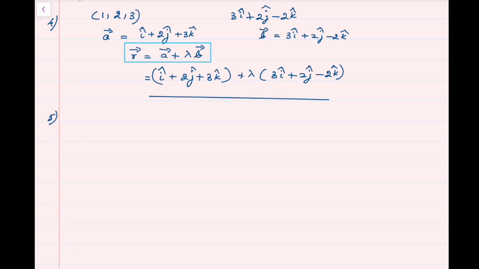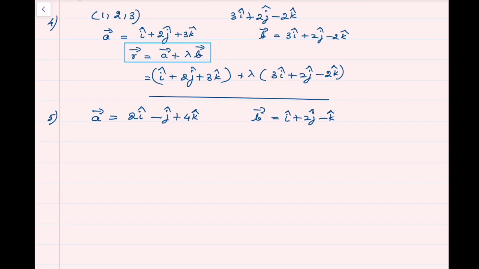Question number 5. Find the equation of the line in vector and in Cartesian form that passes through the point with the position vector, we will take this as vector A, 2i minus j plus 4k, and is in the direction of, we will take this as vector B, i plus 2j minus k.